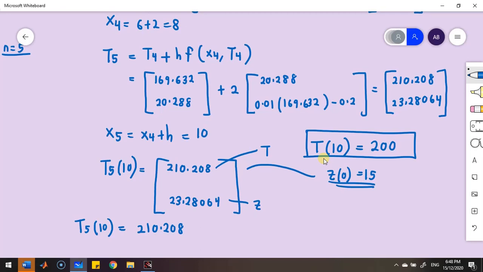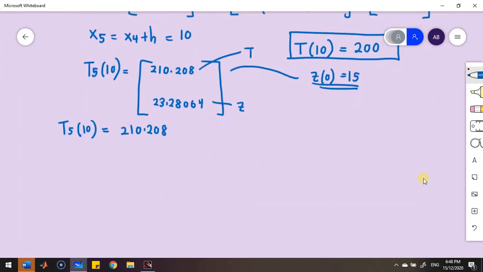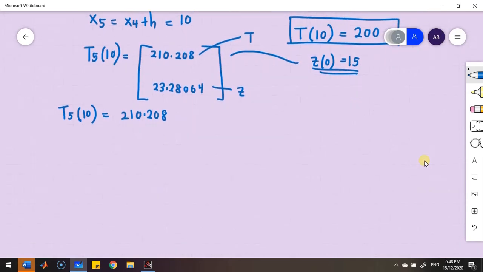And then I need to approximate again using the Euler method. So I need to adjust Z0. So I cannot use 15. 15 is giving me a bigger value. So let's try Z0 equals 10.